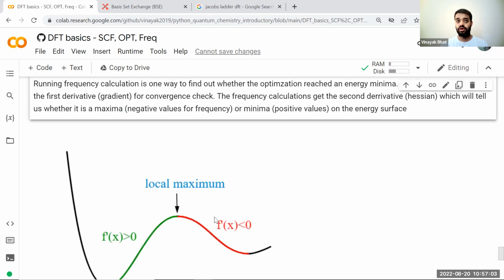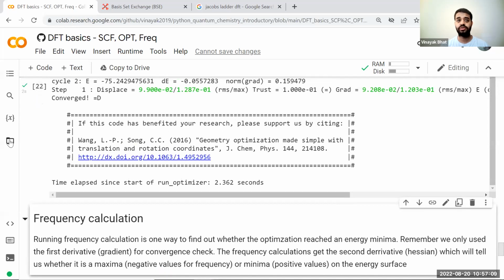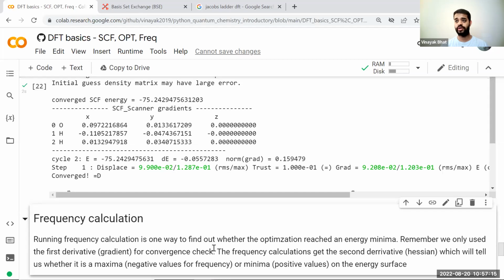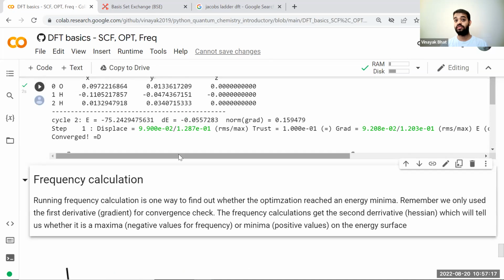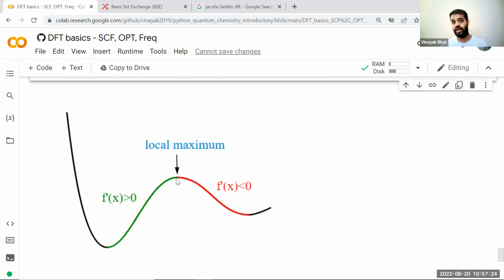So this is the last part, which is frequency calculations. The thing that we just did may or may not have been converged, because we had set some cutoffs for it. That's the reason we usually check it with frequency calculations. Your converged structure may have been at a local minimum or a local maximum, but actually you needed a local minimum.